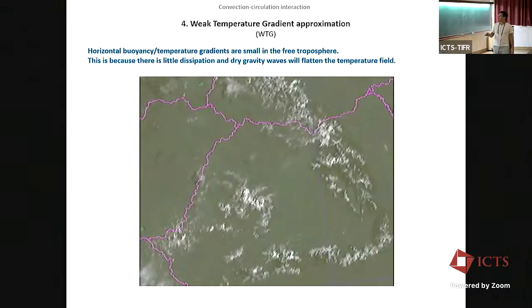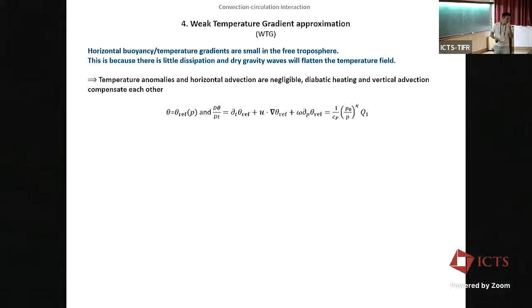And so if we can assume that our free tropospheric temperature anomalies are flattened out by dry gravity waves, then we can neglect the anomalies of this temperature. And so that will allow us to simplify a few terms in our thermodynamics equation.